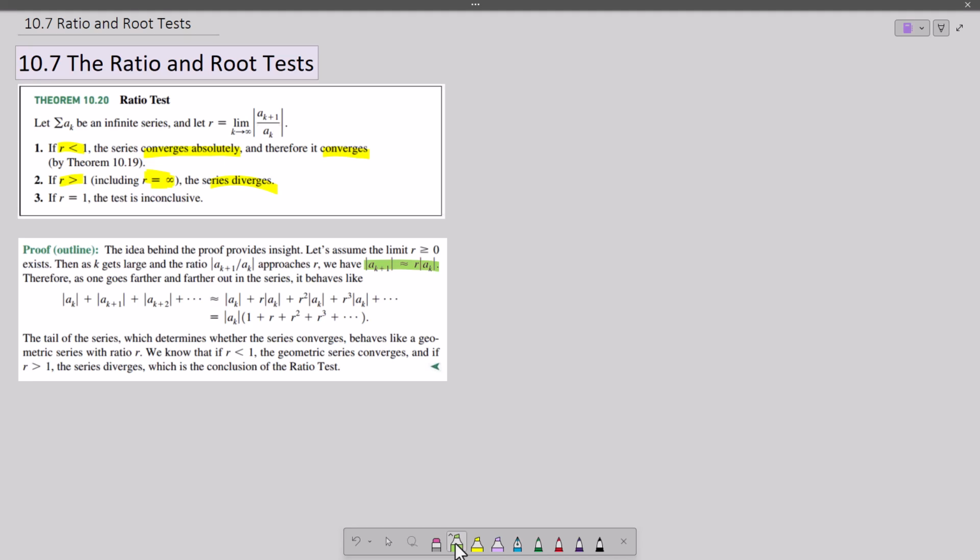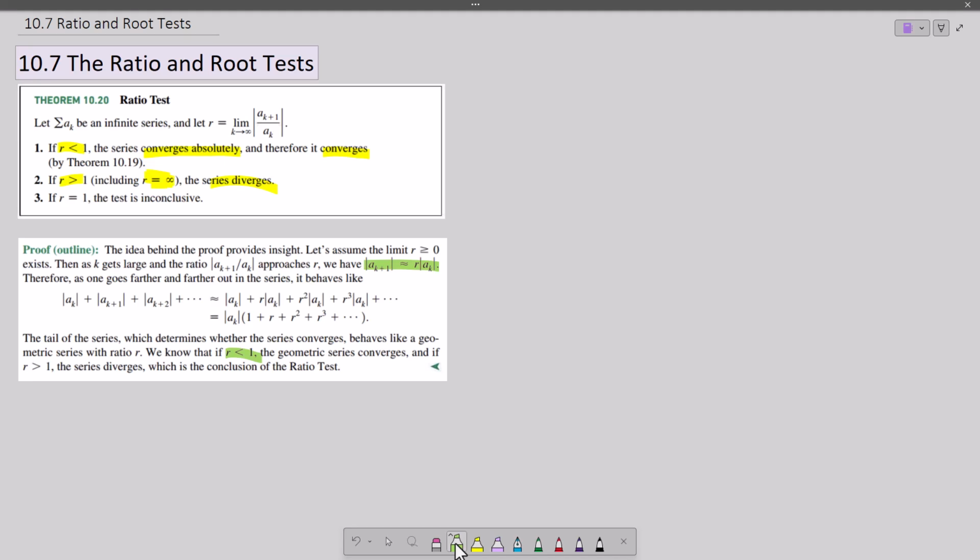That's what a geometric series is. The geometric series says to get from one term to the next, you multiply by a common ratio called r. So when you go out into the tail, the series is acting like a geometric series, so we reach the same conclusion. R less than 1 converges, R bigger than 1 diverges.